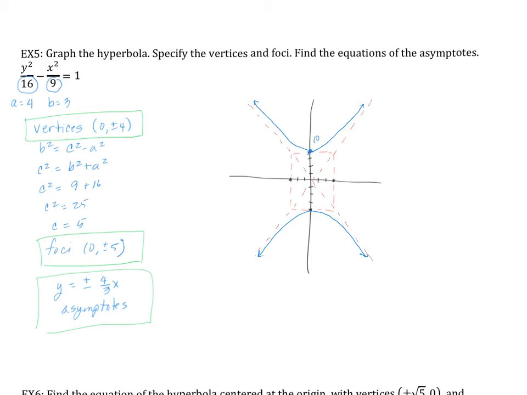So this would be 0, 4 and 0, -4. And then also our guide, which would be our asymptotes. This is y equal to positive 4/3 x. And this line here, y equal to negative 4/3 x. And I'm done.